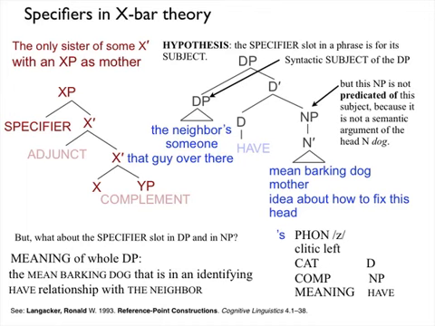In this case, we're saying no, that neighbor here is an argument of have, the virtual have that has as its instantiation the z on the end of the neighbor. But mean barking dog is not a predicating thing. That's a noun phrase, and noun phrases don't typically predicate stuff.